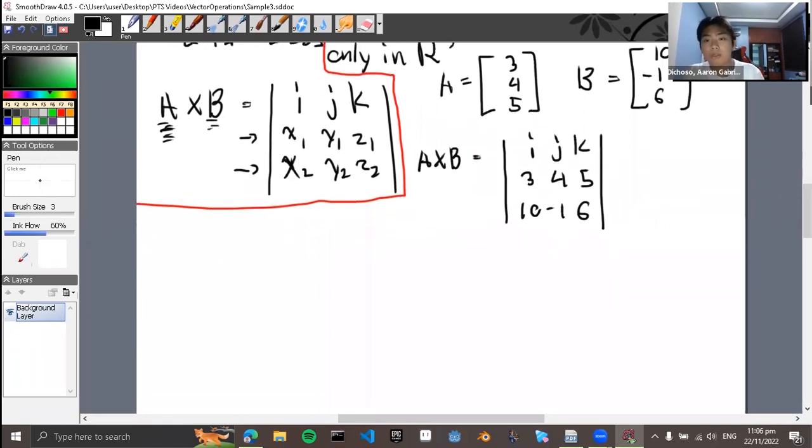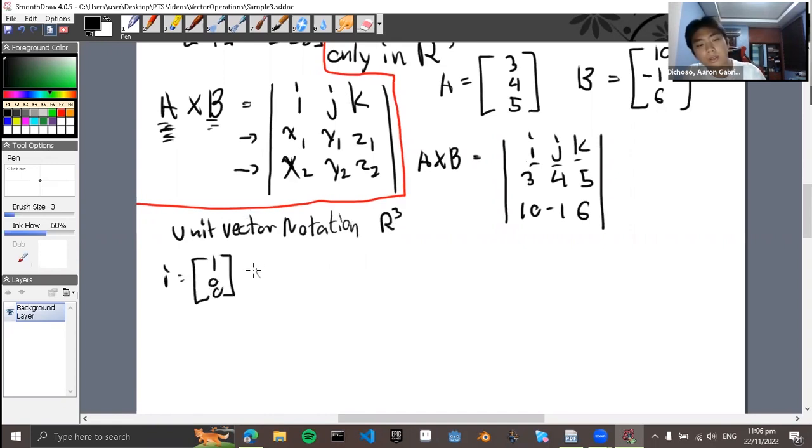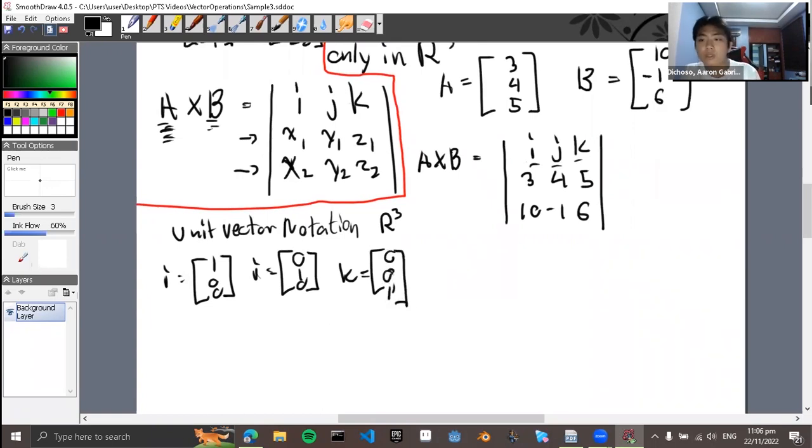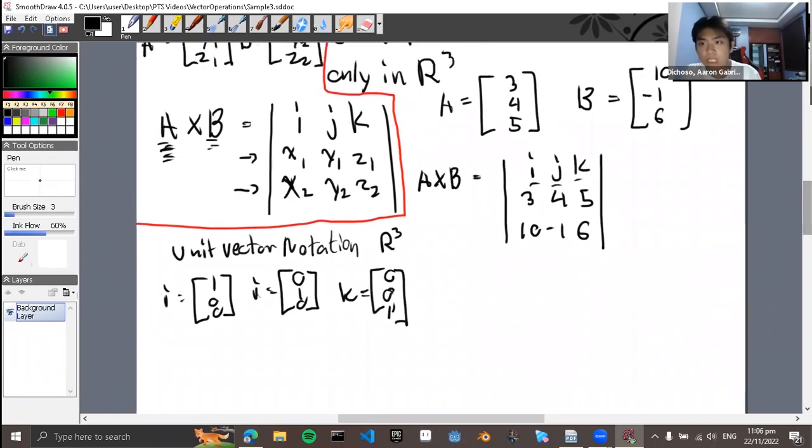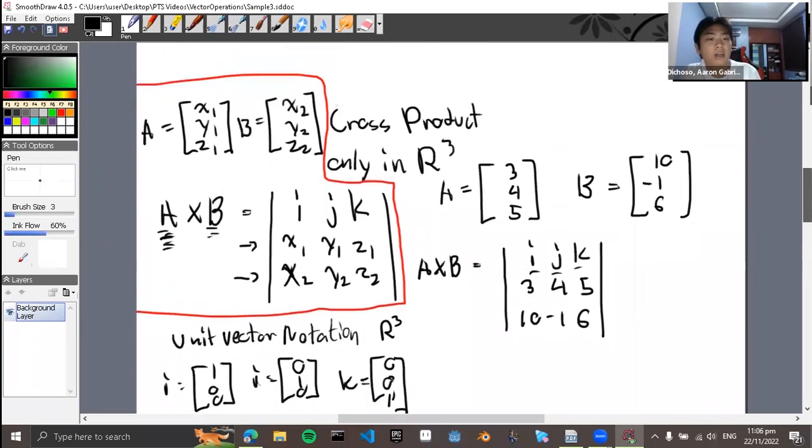And now we just compute for the determinant. So ijk here, this is actually yung unit vector notation for R3. So i would actually be 1, 0, 0, j is 0, 1, 0, k is 0, 0, 1. So we are getting yung unit vector notation nitong cross product.